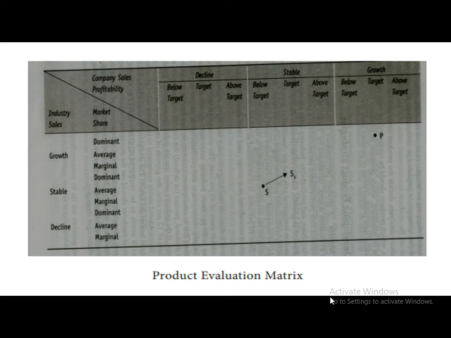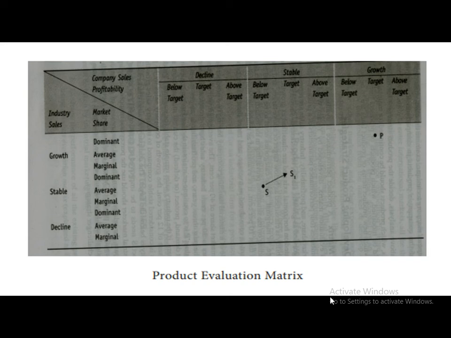These classifications need to be defined by the marketing manager depending on the situation prevailing in the industry. For example, if the market share is less than 10%, it is evaluated as marginal. Market share between 10 to 30% is considered average, and more than 30% as dominant.